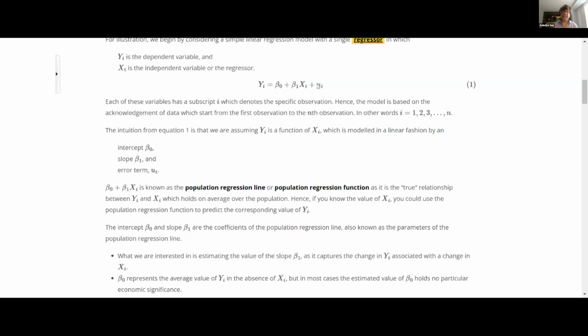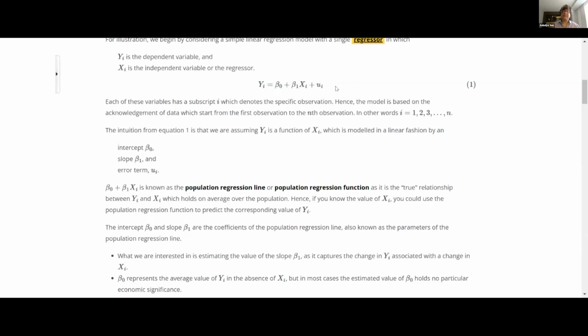What is really important is this term called u. U is called the error term. As statisticians we include an error term because when we're trying to explain a dependent variable, we can never control for everything which could possibly affect it.